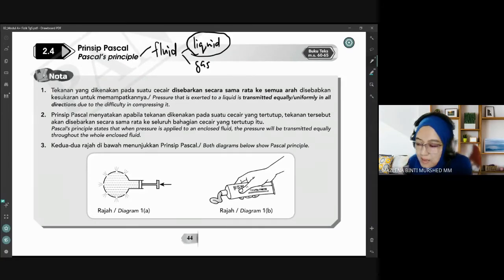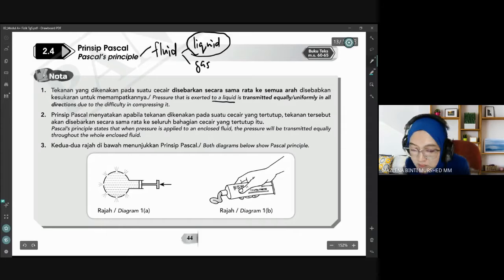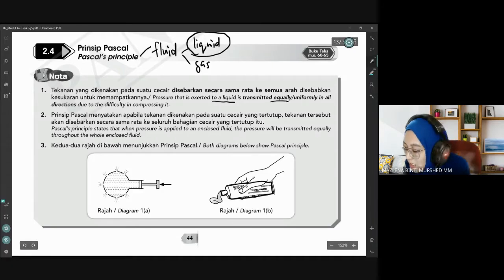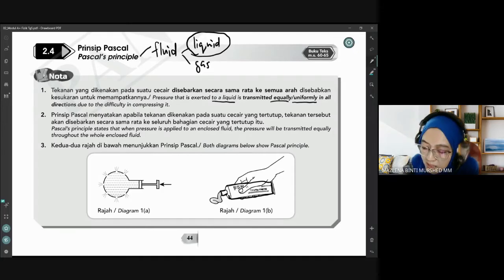So for the first one, pressure that is exerted to a liquid in a closed space. Let's say closed space macam ni, ubat gigi ni kan closed space, semua tutup, ada satu lubang, macam tu, is transmitted equally or uniformly in all direction due to difficulty in compressing it.